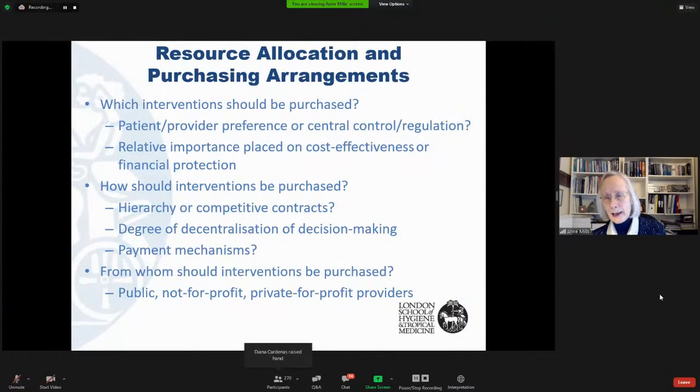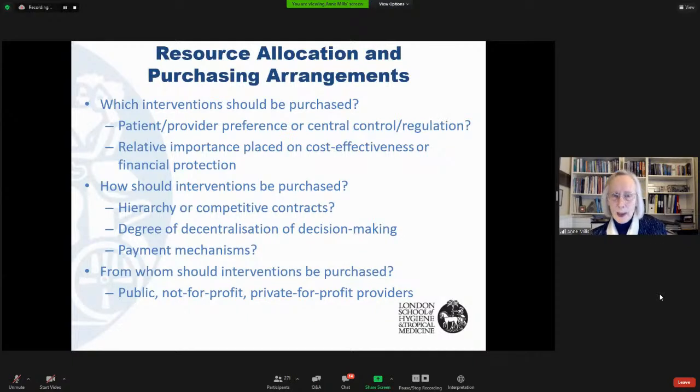Thailand, additionally, emphasizes cost effectiveness, but interestingly, there are few examples where Thailand has been influenced by financial protection. The decision to include renal dialysis in universal health coverage was driven by a concern about the impact of renal dialysis on household expenditure; that decision was made in recognition that it fell outside their cost effectiveness criteria.